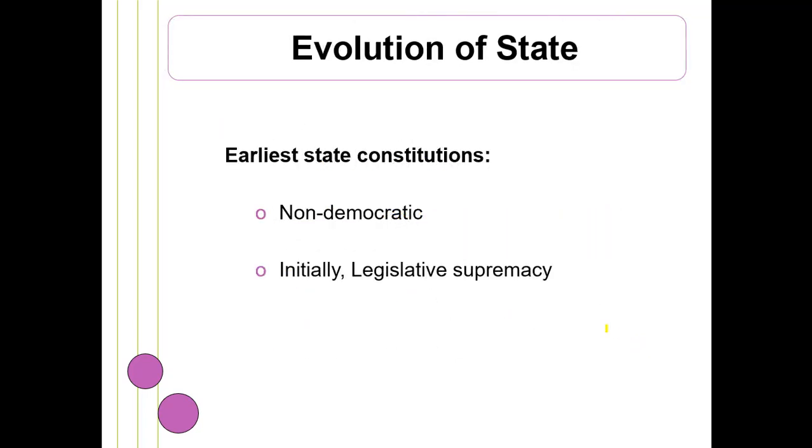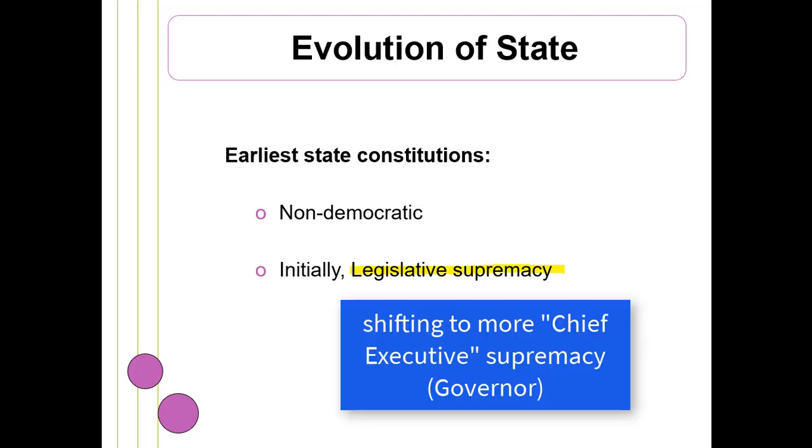The earliest state constitutions, however, were not very democratic, and initially legislative supremacy was the idea, as we'll talk about here in a minute, particularly at the state level. The executive branch has shown a little bit more supremacy.